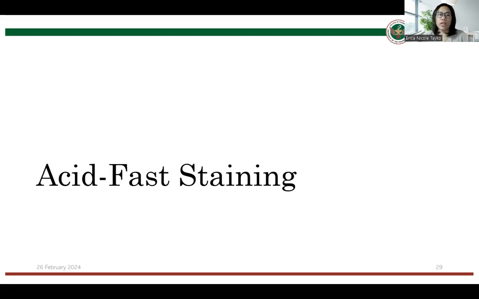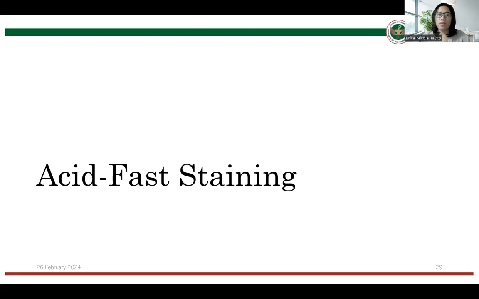Okay, so next staining technique that we have is your acid-fast staining. So basically, it's a differential staining technique that you use in order to identify whether your bacteria is an acid-fast or a non-acid-fast.